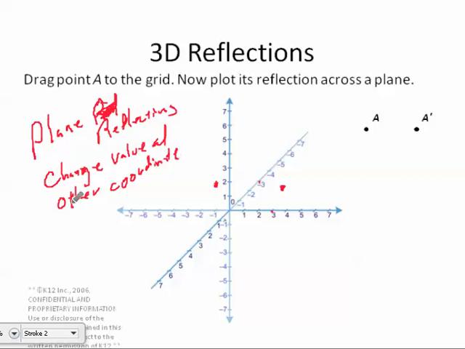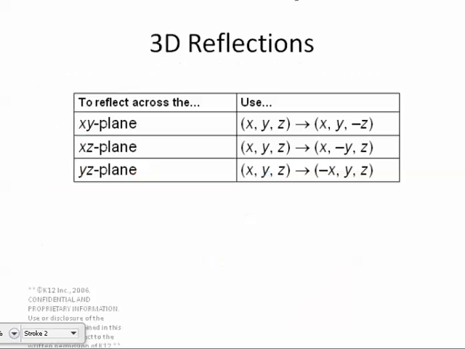So, if I'm reflecting across the xz plane, I change the y value. That's exactly all you have to do. It really is that easy.